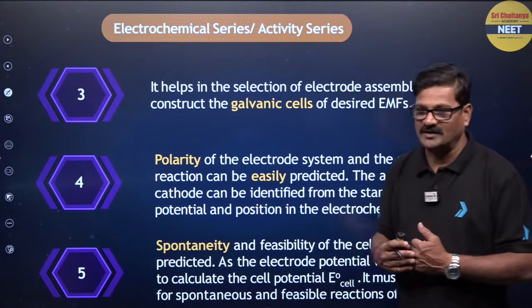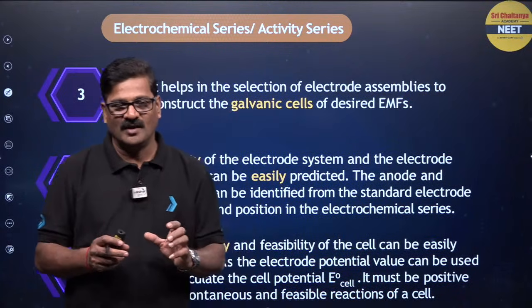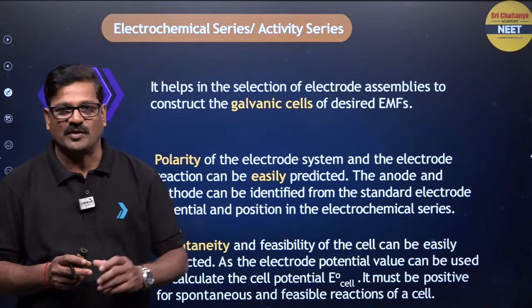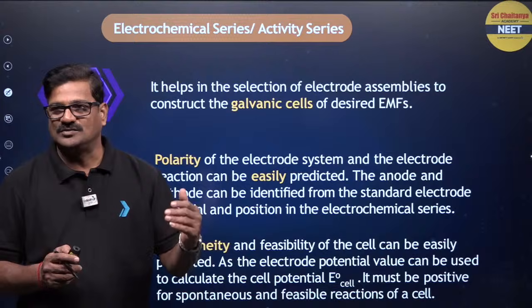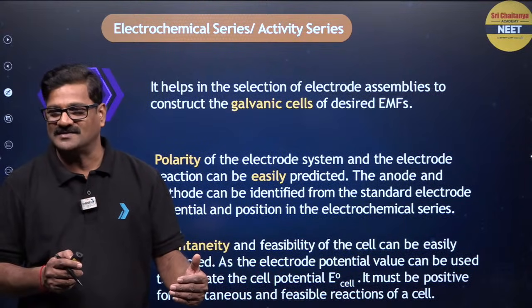And spontaneity. If you construct a galvanic cell and E0 cell is positive, the reaction is going to be spontaneous. The cell works as a galvanic cell. So that spontaneity is also explained on the basis of electrochemical series.